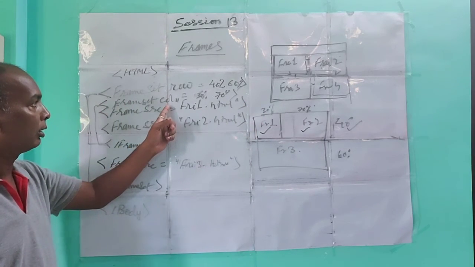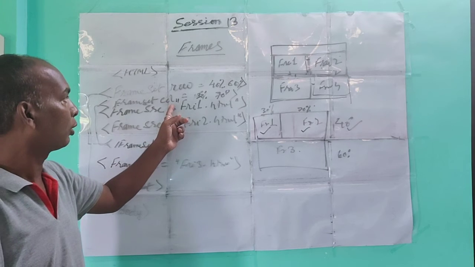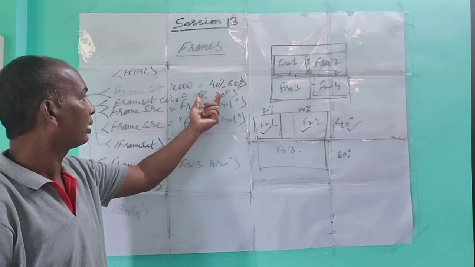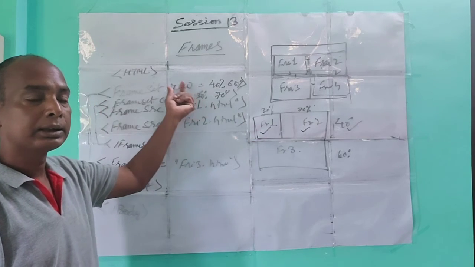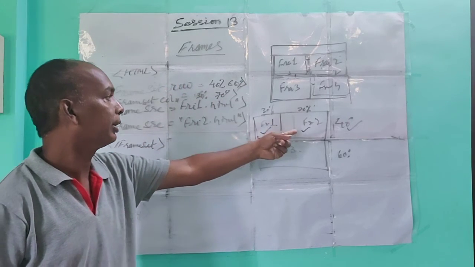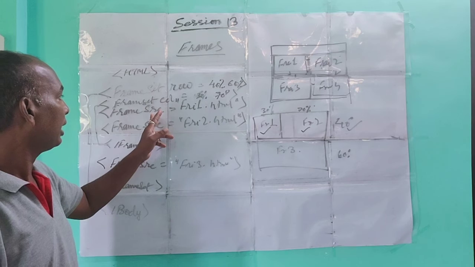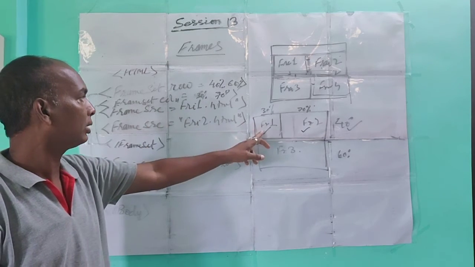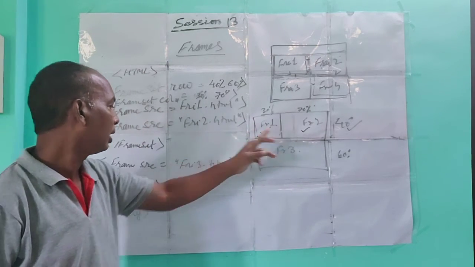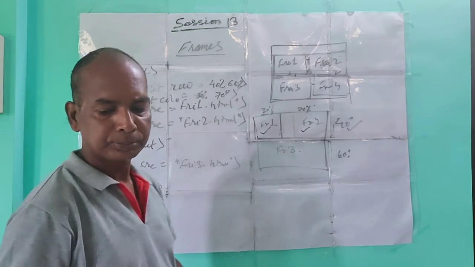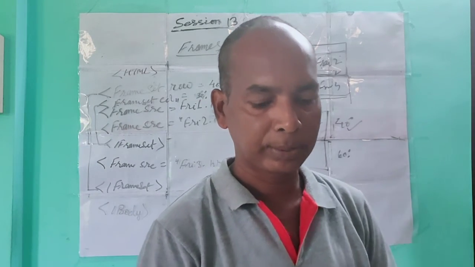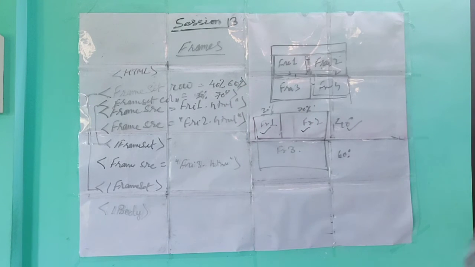Again, frameset cols divides the first row into two parts, 30% and 70%. This source is for the first one, this for the second, and this for the third. In this way, we can create frames in our HTML document.